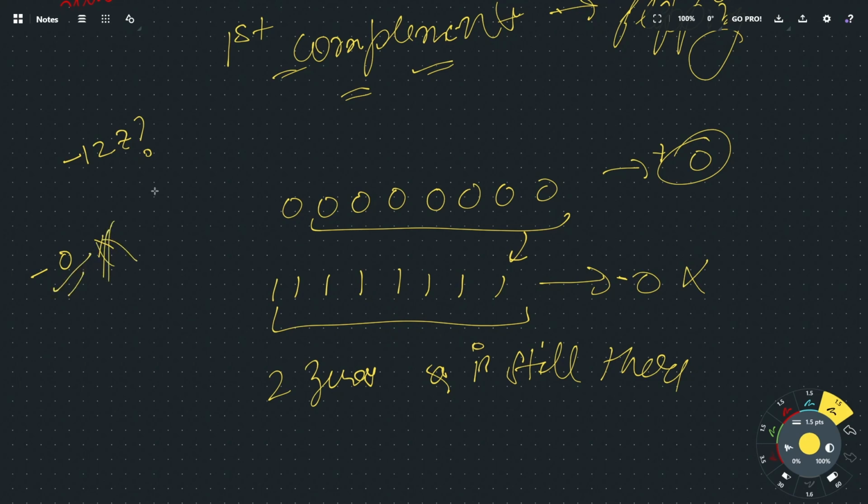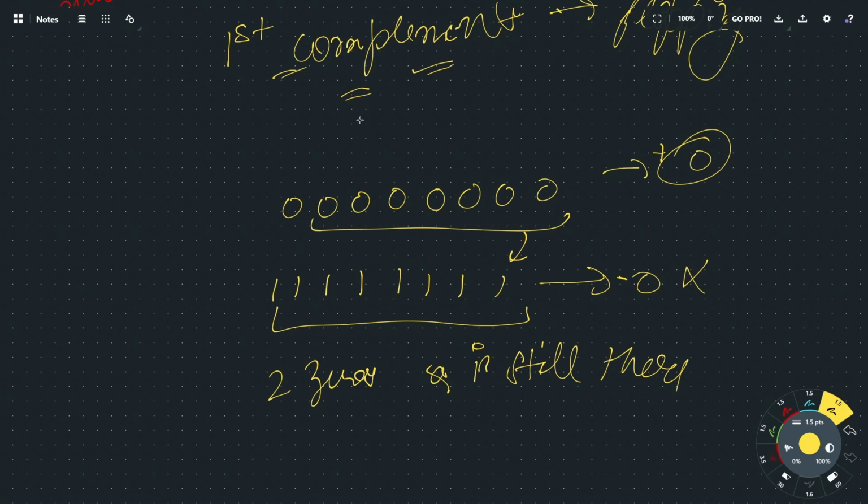We don't even want that, even accidentally, we get this number, right? Because that will be an issue at the computer level. If you code something and minus zero comes, your whole calculation, your whole system fails, right? So we can't have a system failure inside the thing that all the computers will be using, right?